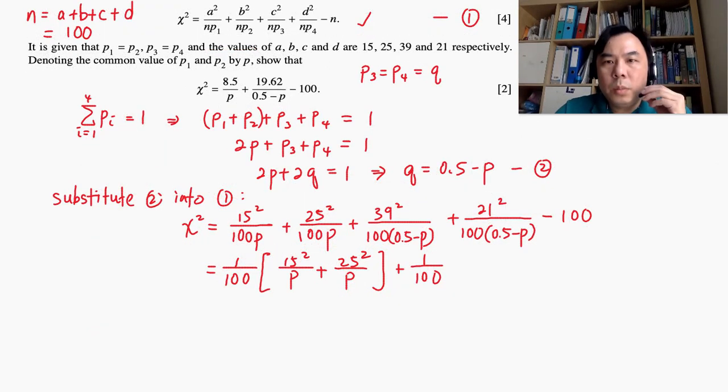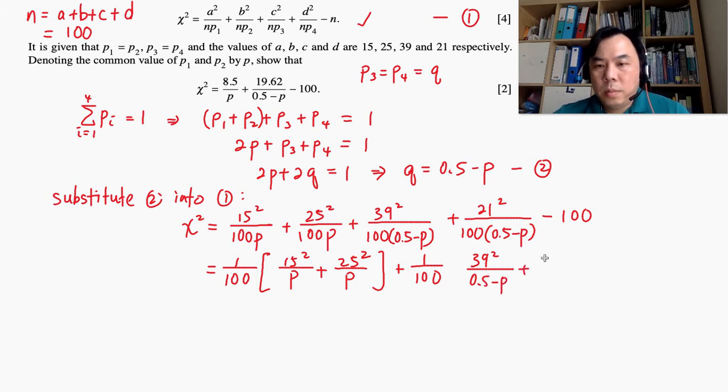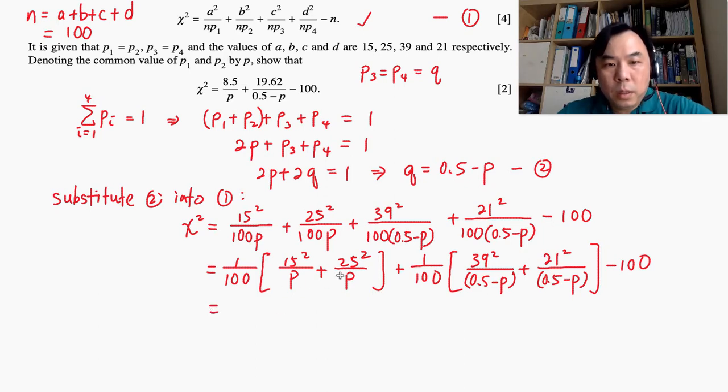All right, so let me continue from here. 100, so I'm going to factorize this part here. Okay, let me see what do I have here. I'll have 39 square here, or 0.5 minus p. And then subtract 100 here. Yeah. And then if you simplify this, I have already pre-calculated this, so it's easier for us in this case. It's 850.